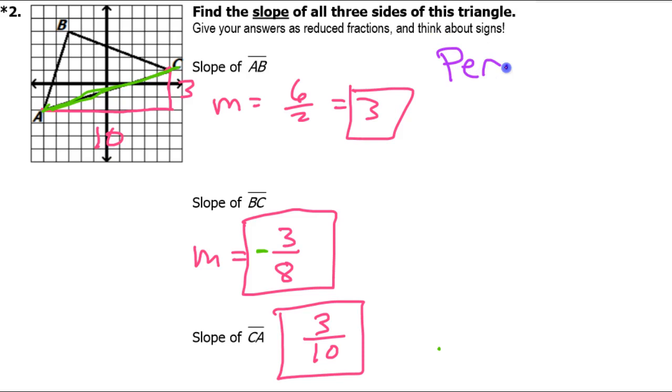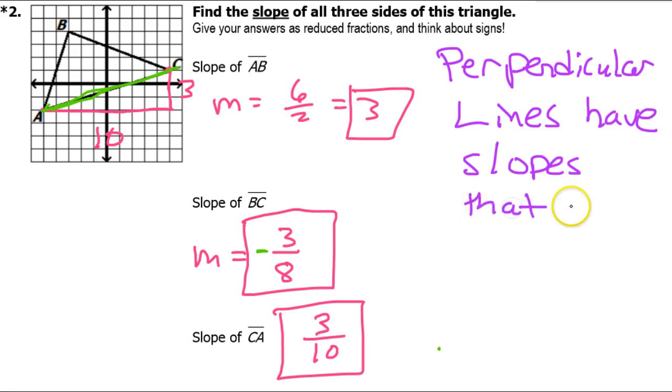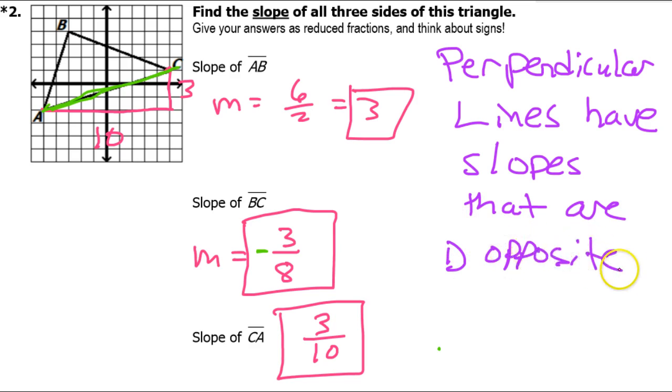okay, let me write this down. Perpendicular lines have slopes that are number one, opposite, and number two, reciprocal.